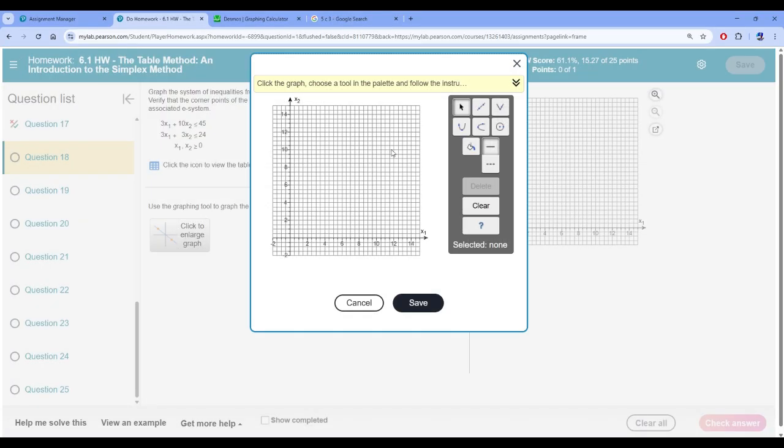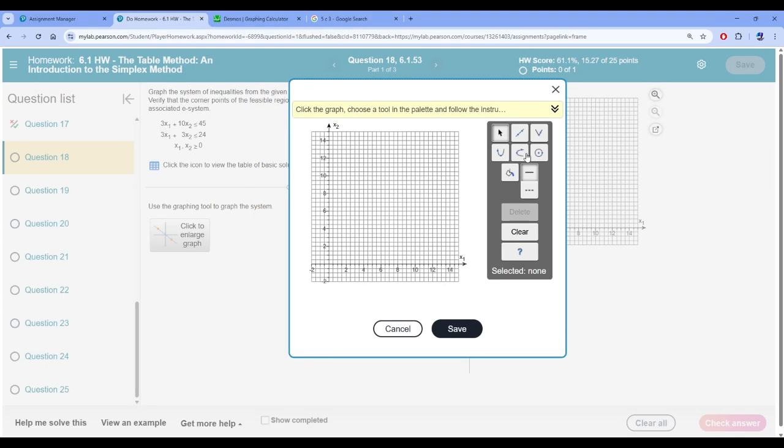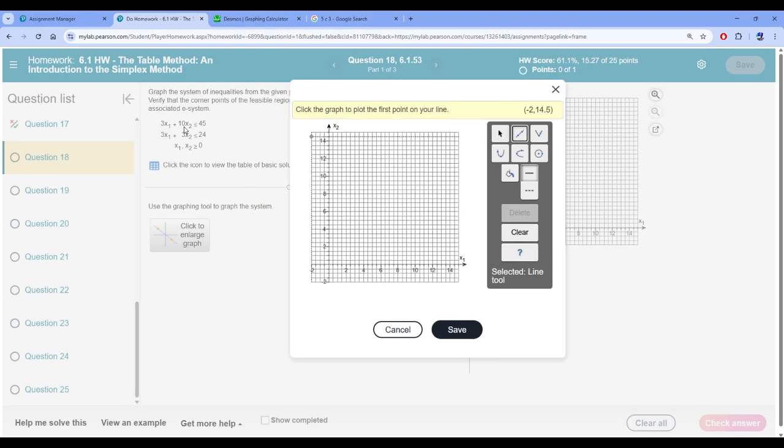Alright. So let's see this. Okay, so if this is 0, that's 4.5. So 4.5 would go right there. And then 45 divided by 3 is 15.